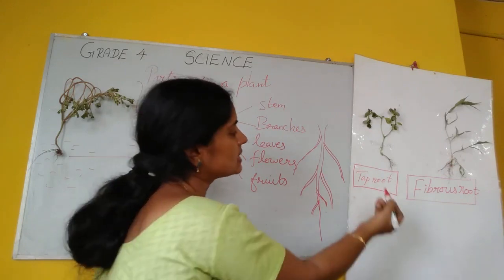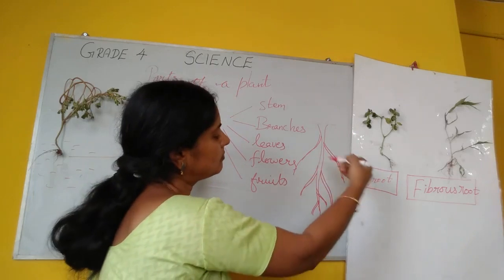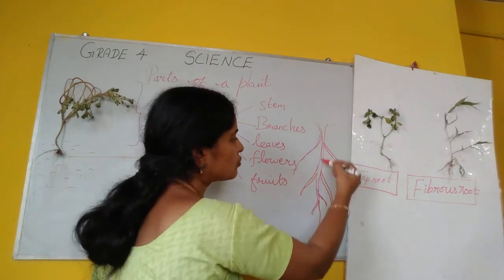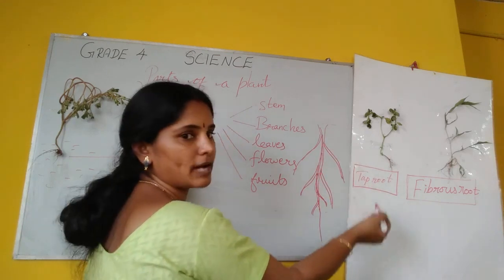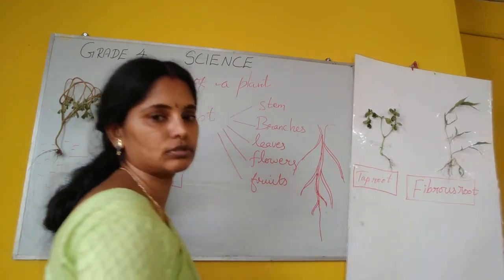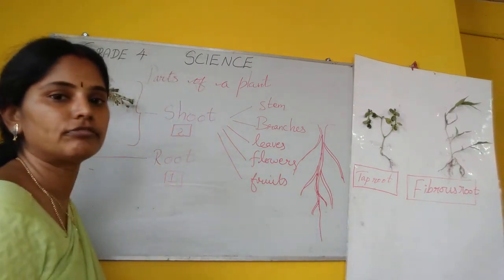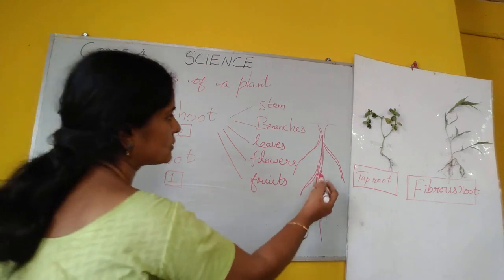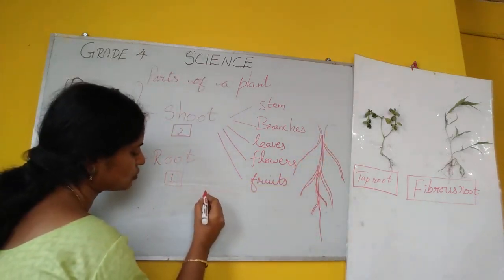Okay. Then a single root comes at the end of the stem, and from the single main root, branches of roots are coming. So this kind of root is taproot. These are the two main kinds of root system. Shall I draw the fibrous root now?